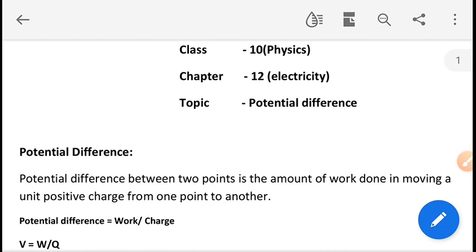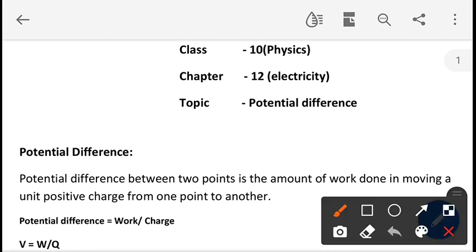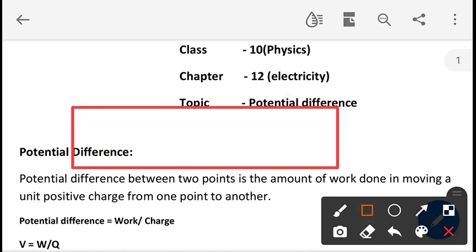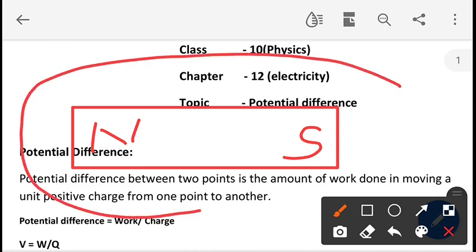There is an analogy I will use to make you understand what potential is, and I am taking a very familiar topic to make it very clear to you. You must have seen a bar magnet, and here I have taken this bar magnet. This is the north pole, and this is the south pole. When this magnet is kept in space, around it there is a region of influence created.